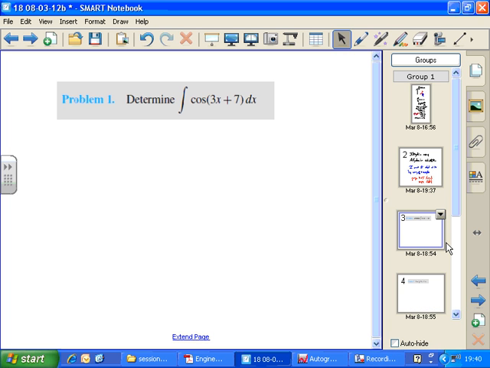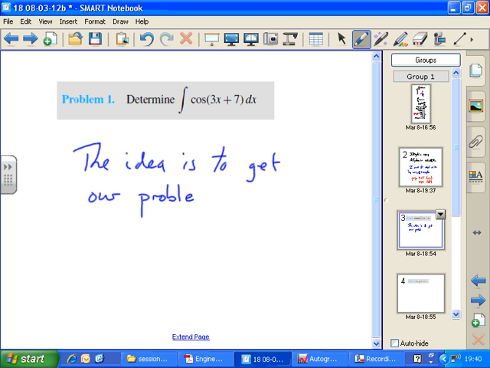Okay, so the idea is to get our problem to look like a standard integral.